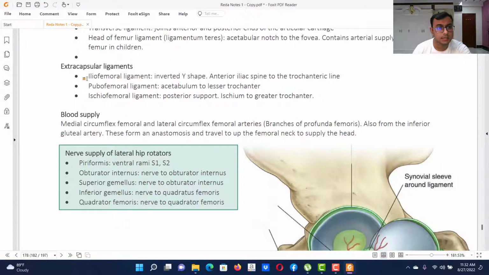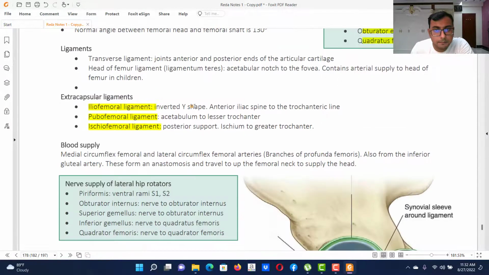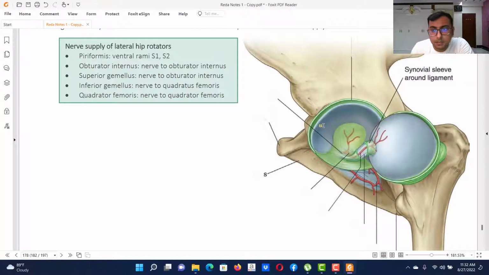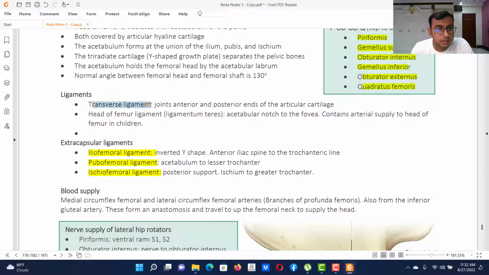There are three extracapsular ligaments: iliofemoral ligament, pubofemoral ligament, and ischiofemoral ligament. These are the strongest three ligaments, which help to attach the head of the femur with the acetabulum. Among the intracapsular structures are the transverse ligament and the ligamentum teres of the head of the femur.